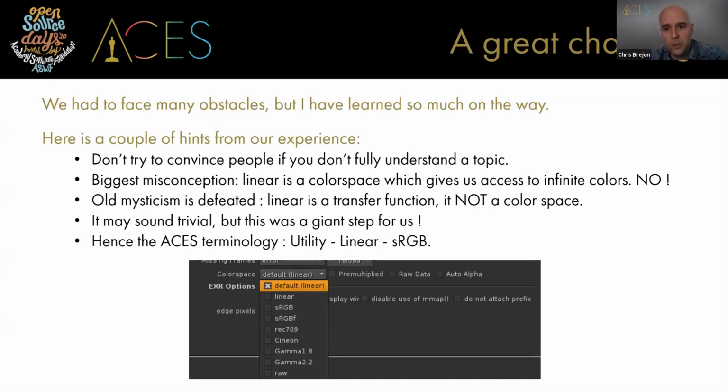Thanks to the ACES community, we defeated old mysticism. Linear is a transfer function, not a color space. This may sound trivial or basic, but it was a giant step for us. Thanks to the ACES terminology, everything is much more explicit and clearer. Linear is now utility linear sRGB.